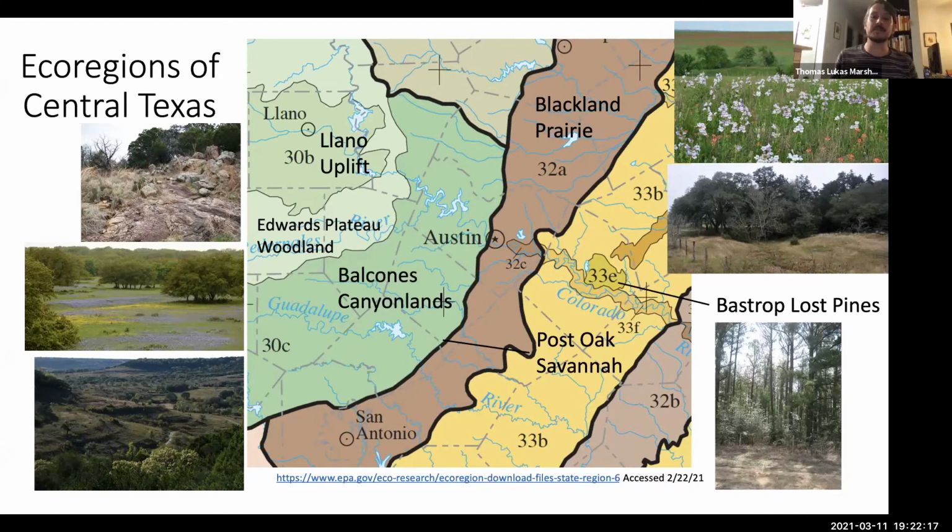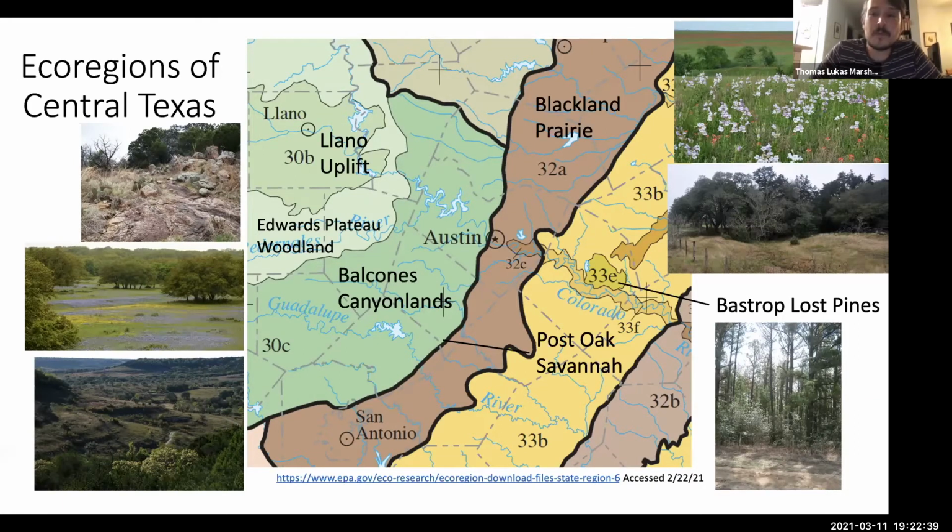All of these places have a unique combination of vegetation, different soils and geologies. And all of that plays into creating different habitat types that different snake species find suitable for them.